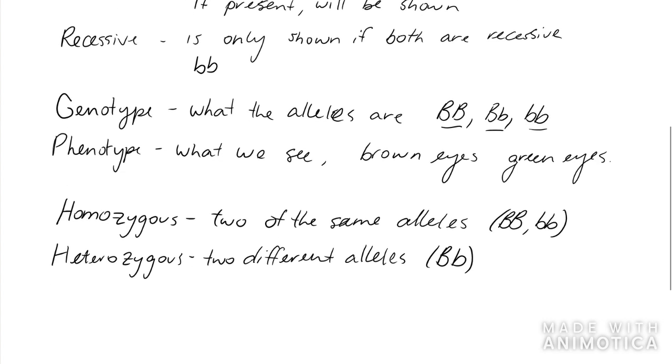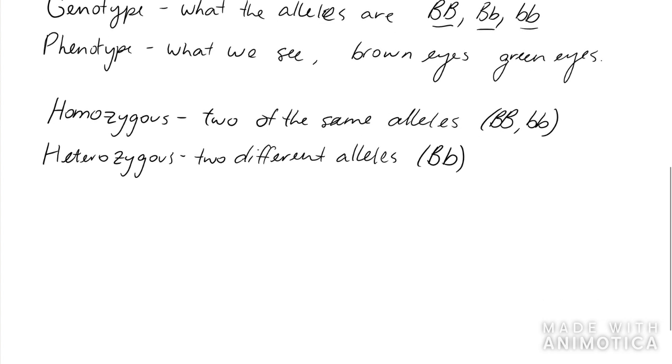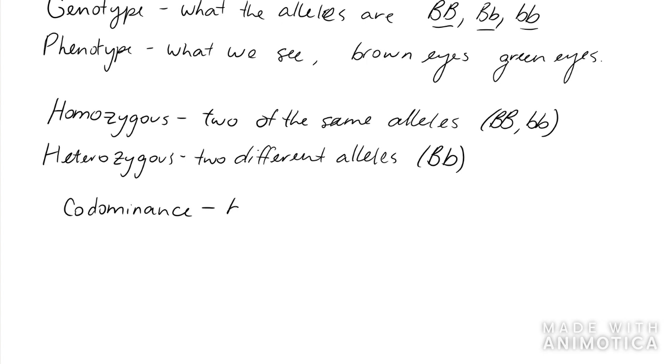There are different types of dominance, so this one is just our basic genetics, but in the game it goes through codominance, where both traits are shown when heterozygous.